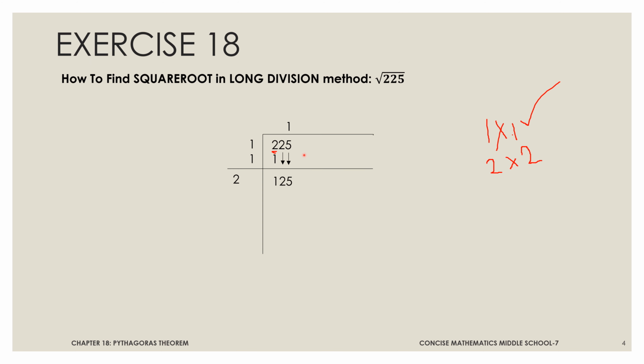I hope it's very clear. Now again with this 2 you have to place the same number twice, that is, it should be 2 2, 3 3, 4 4 like that. If you place 2, 2 twos will be 4.